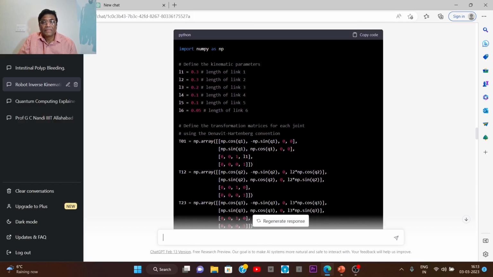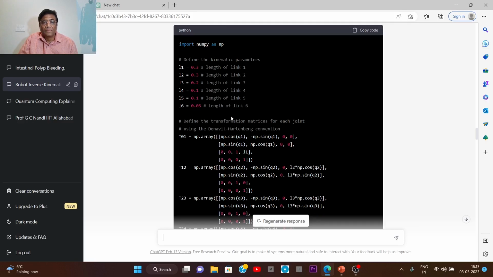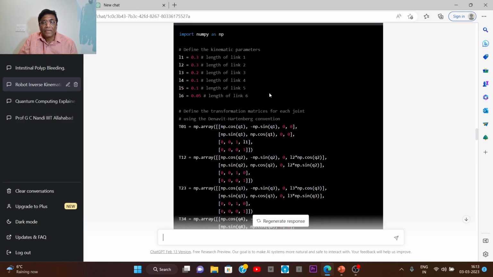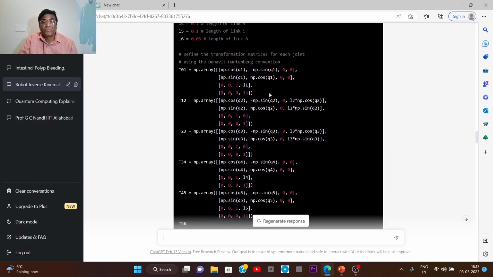See, link lengths, it was taking in meters. That's how it should write. Then it was trying to write code using the homogeneous coordinate transformation matrix between 1 and 0, then 2 and 1, 3 and 2, 4 and 3, 5 and 4, 6 and 5, like that.